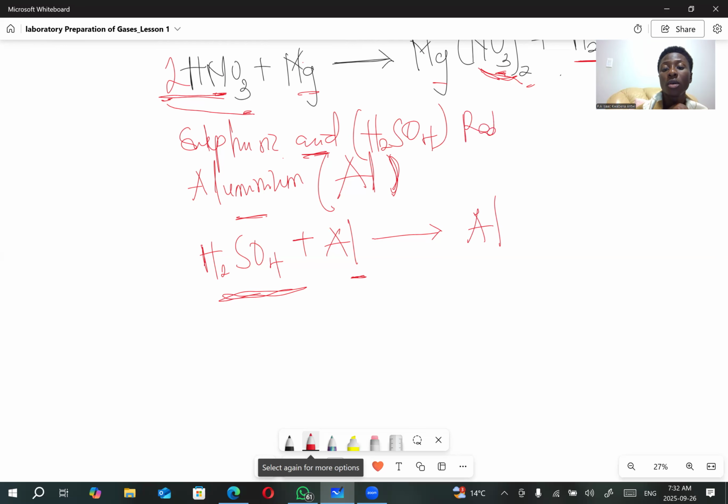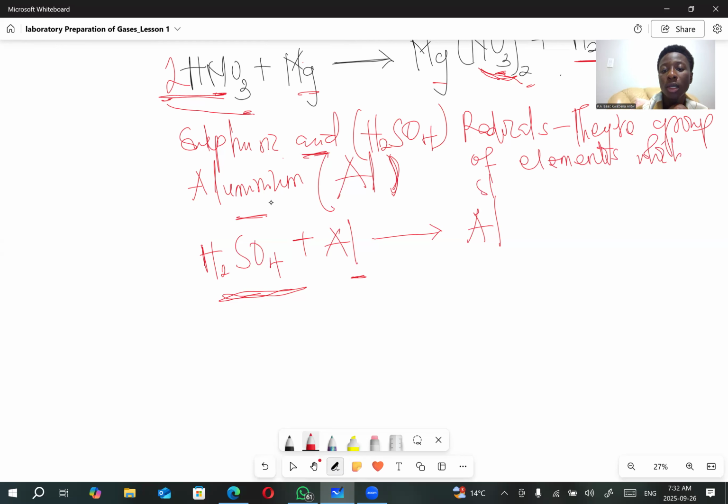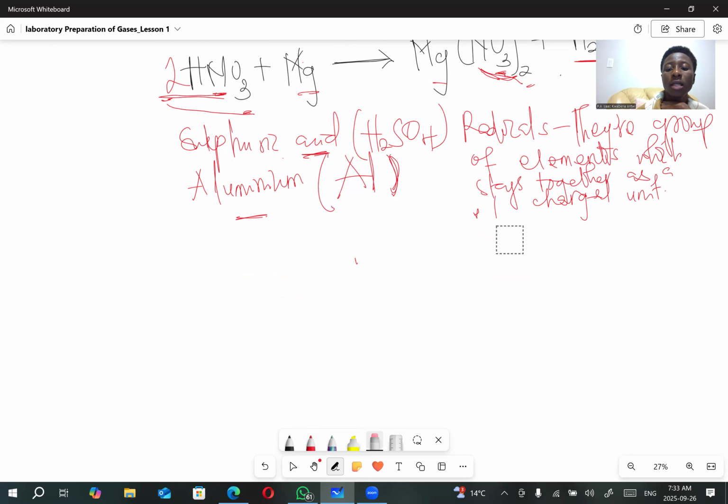Okay. So because we have a lot ahead of us, radicals. They are a group of elements which stays together as a charged unit.